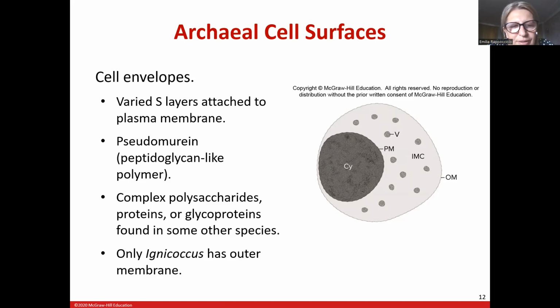Or you can have polysaccharide, you can have proteins, glycoproteins. Generally speaking, until now, only one species, one genus, Ignicoccus, has been isolated with an outer membrane, so with the architecture of the cell wall that is more similar to the one of the gram-negative, having an extra membrane outside.